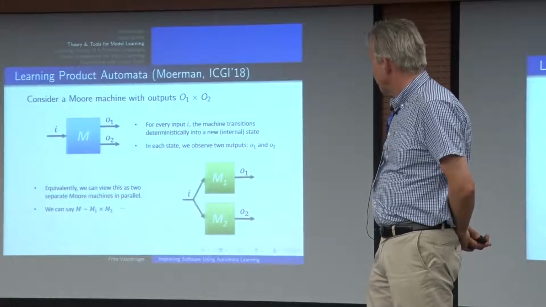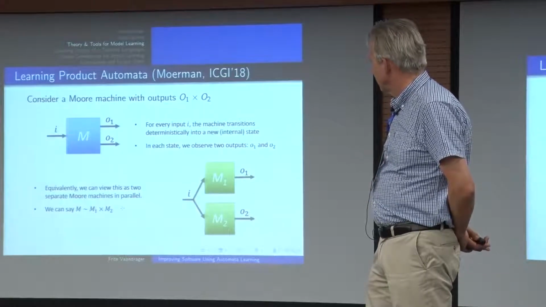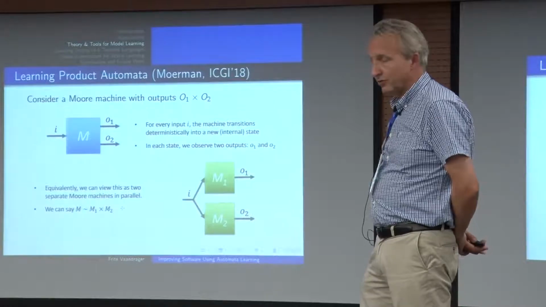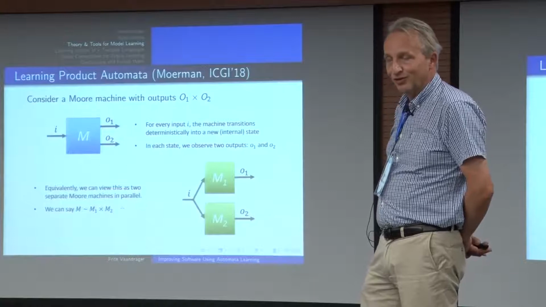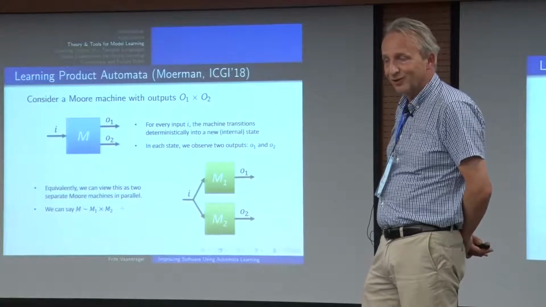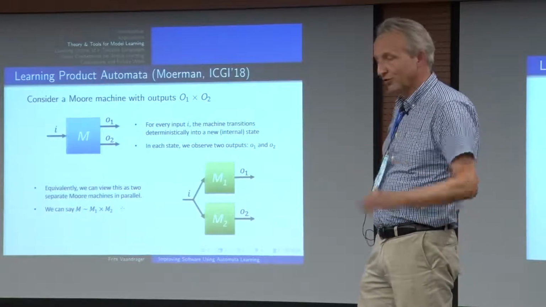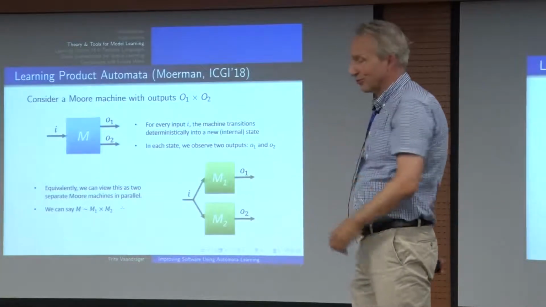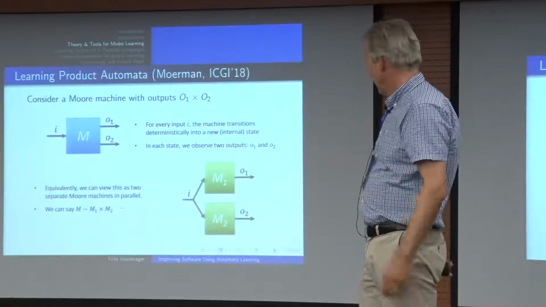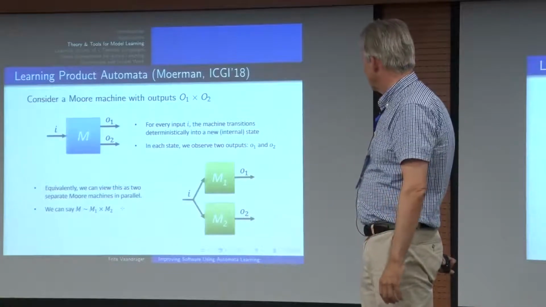Suppose we want to learn a model of a system M, which behaves like a Moore machine. A Moore machine is like a Mealy machine, but now outputs are visible on the states. Actually, he wrote it down for Moore machines, but he could also have done the same work for Mealy machines.